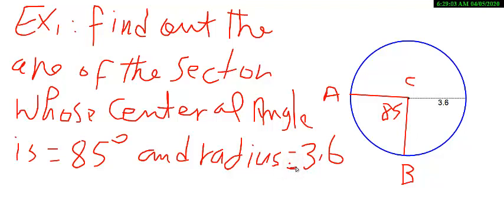I have to focus on the given information. The given information here gives me the central angle measure, so I have to go back to the second way for finding out the ratio of the sector. So first of all, I need to find out the ratio of the sector.